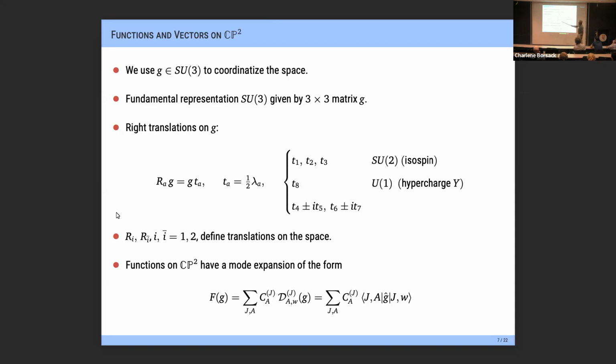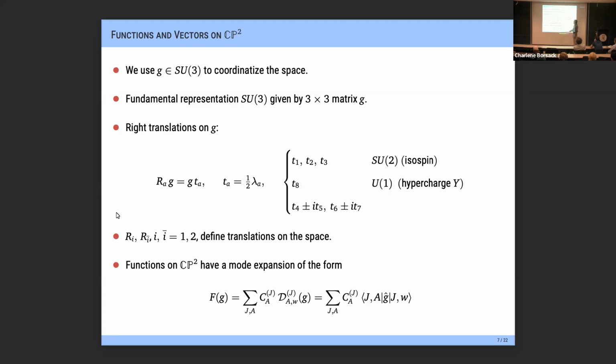The remaining directions combine into complex directions, which are the complex directions of CP2. So we can take these R operators and combine them along these lines, R4 plus iR5, and so on, calling them R_i and R_ī. I and ī take values 1, 2, and they define translations on the space. Okay, so that's basically setting up the structure on CP2.